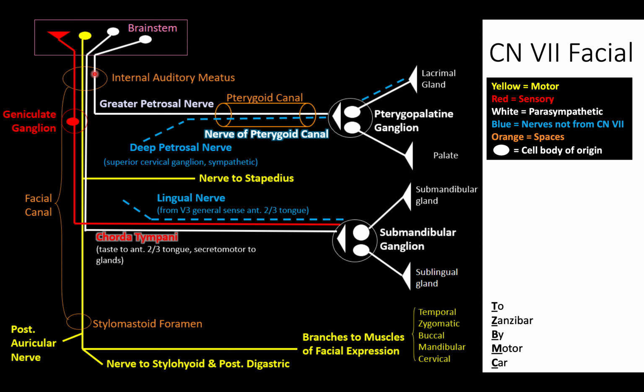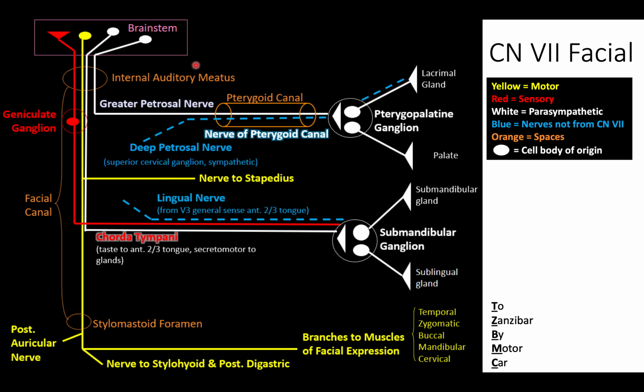The other parasympathetic is coming through that internal auditory meatus through the facial canal and coming out as the greater petrosal nerve. That's going to be traveling through the pterygoid canal with that deep petrosal nerve, and it's going to synapse at the pterygopalatine ganglion.